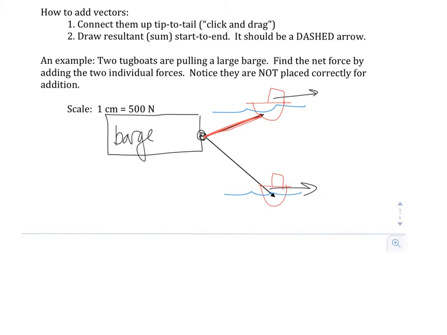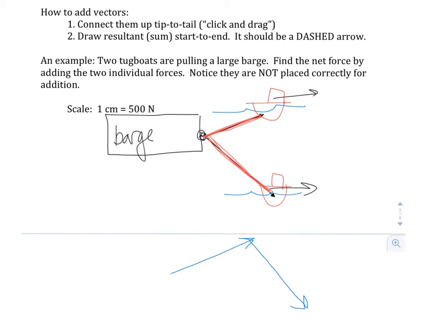Each of these vectors here that are originally drawn, imagine that you can pick them up and move them because you need to connect them head to tail. So if you're going to do that, I would take the top one and say, okay, it's like this, and then if I were to take that other one and connect it, it would be like this.